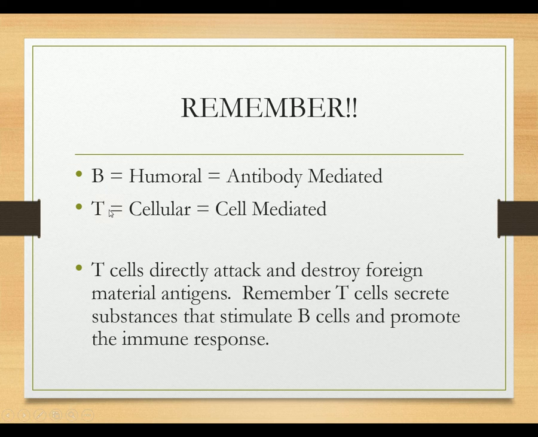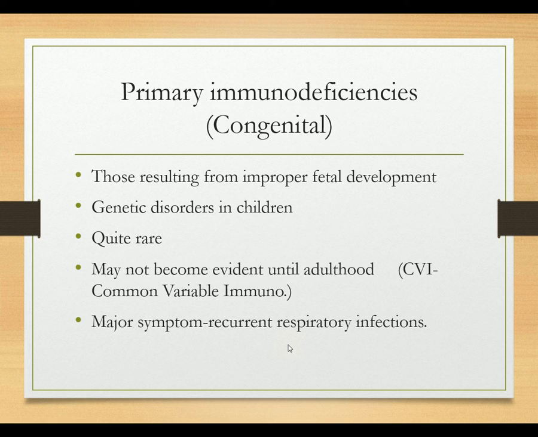Cell-mediated, you should have thought T cells, T lymphocytes. So T cells directly attack and destroy foreign antigens. But T cells also secrete a substance that helps stimulate B cells and promote their immune response. So if T cells are down, B cells to a certain extent will be down.